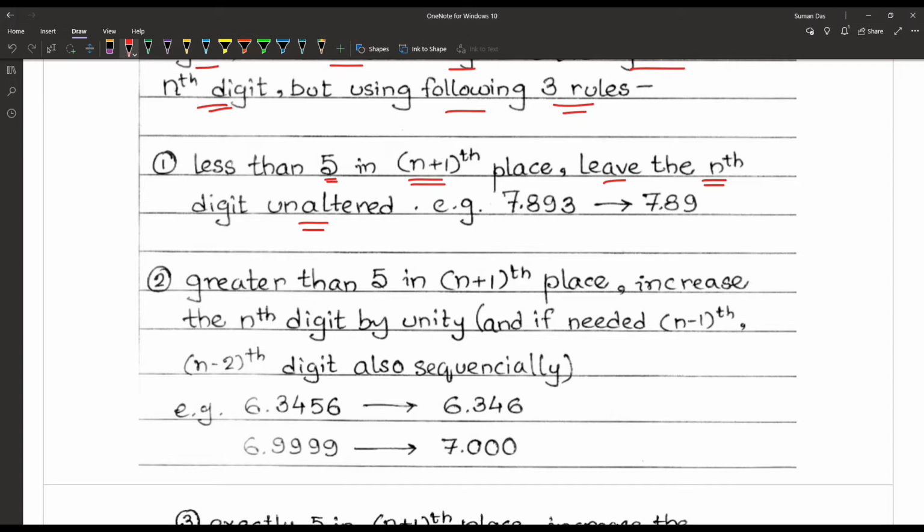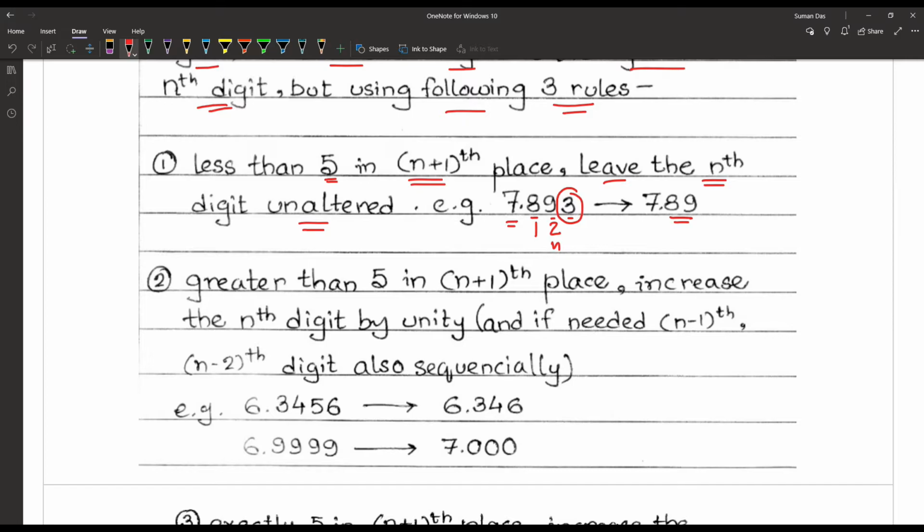Suppose the number is 7.893. That means it is given in 3 decimal places, but we are trying to approximate it up to 2 decimal places. So that is the first decimal place, that is the second decimal place. So that is the nth place. So we have to check the n plus 1 place.